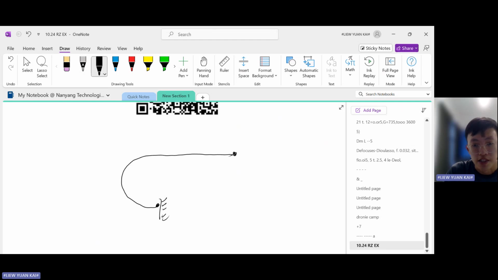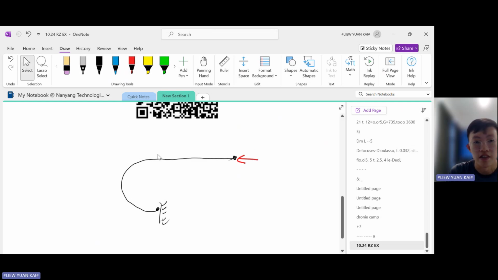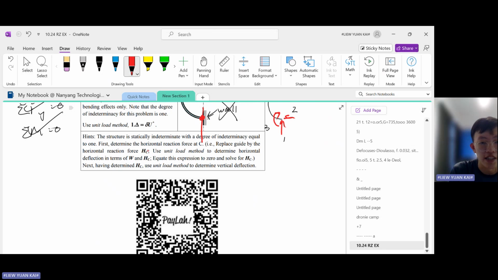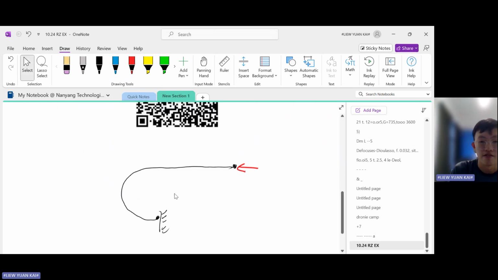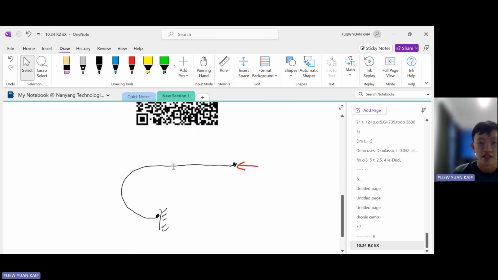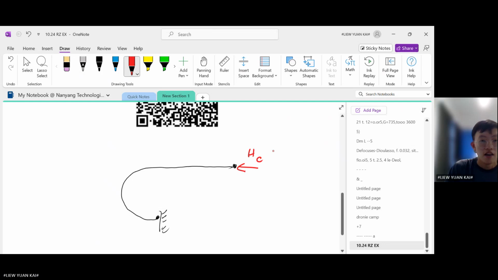I will remove the slot. You see, the wall is still here, the member is still here, but the slot is removed. If I remove the slot, I must replace it with the reaction forces. Remember, it had a reaction force like this. According to the question, we call the reaction force HC. You can call it anything, but for the sake of discussion, let's call it HC.